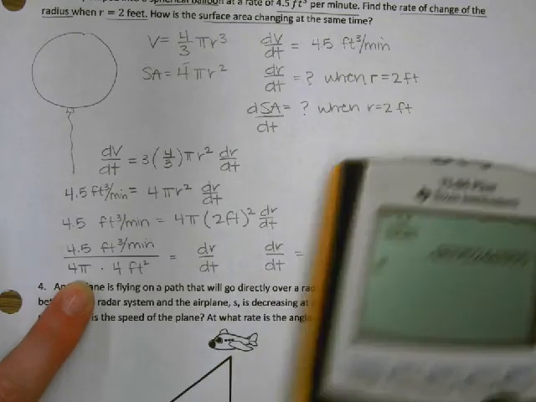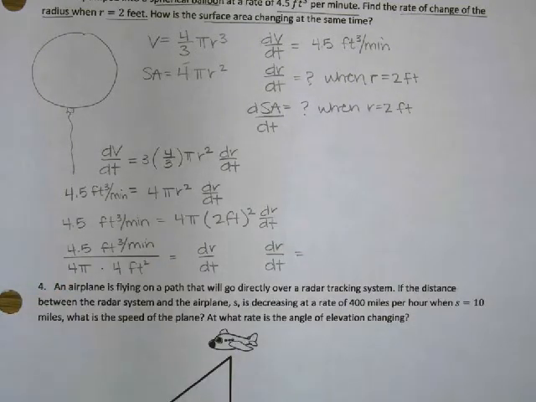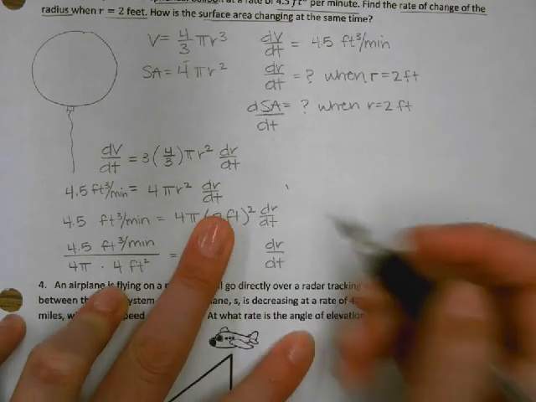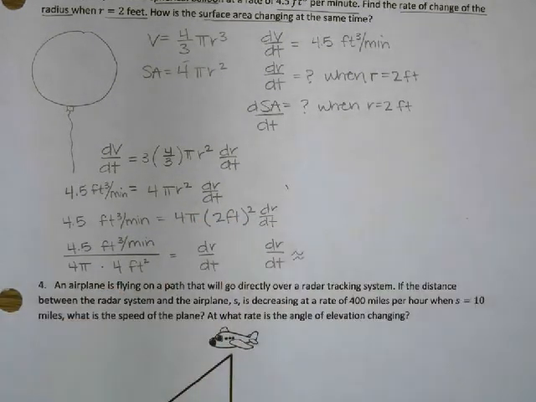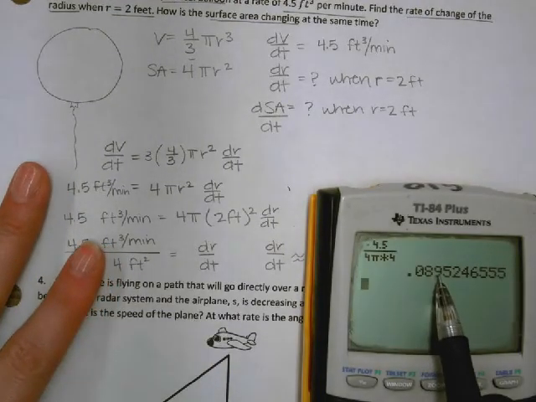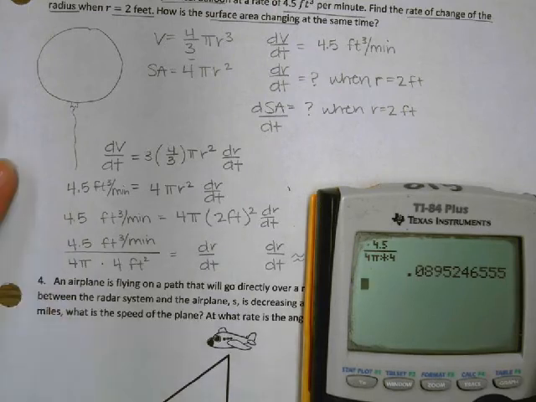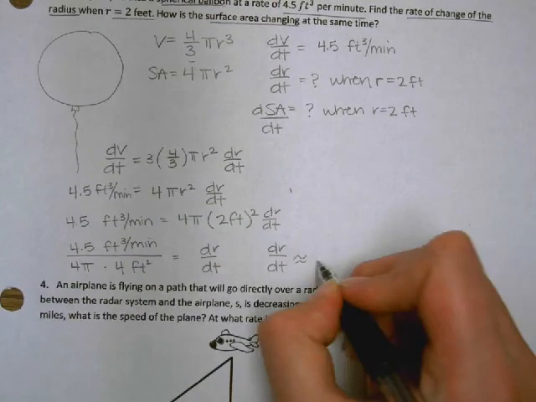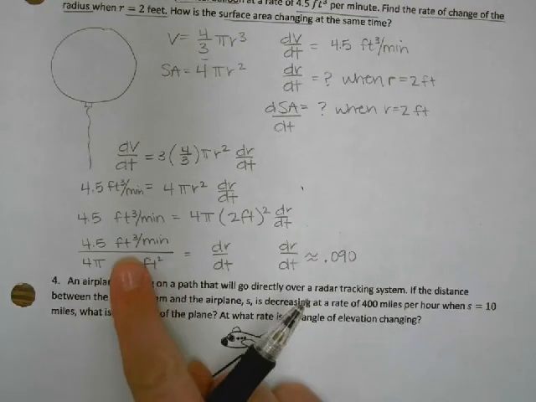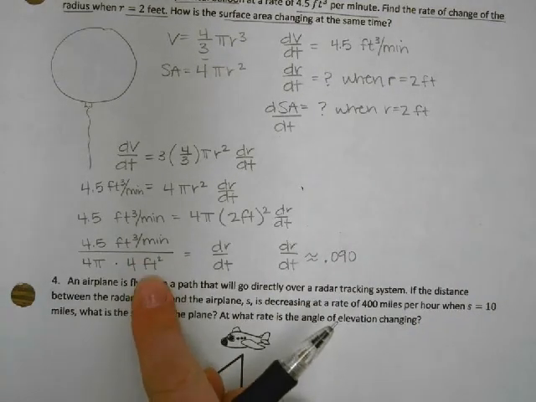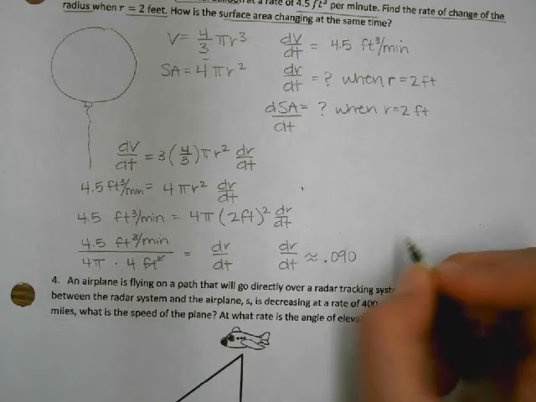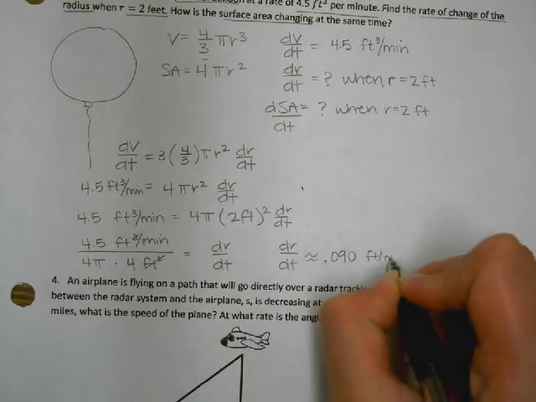Okay, so dr dt, I'm going to write that this is approximately, and if I round it to 3 decimal places, the 89 is followed by a 5, so that tells us to round up to 90. So 0.090. And we had feet cubed per minute divided by feet squared. And so the feet squared are going to cancel out with 2 of those and leave 1, so we're going to say feet per minute.